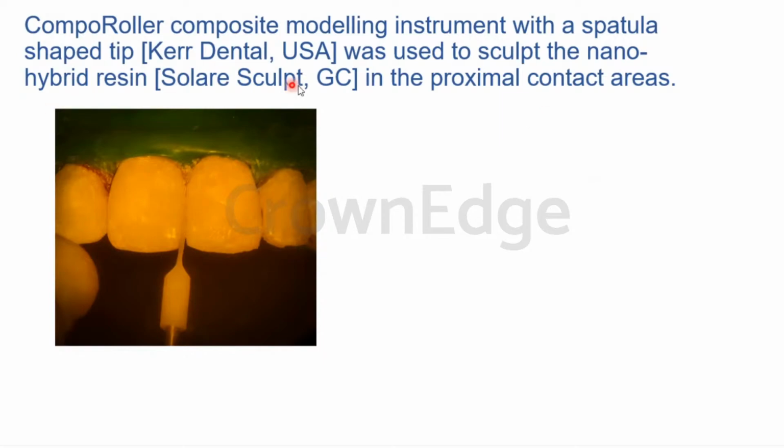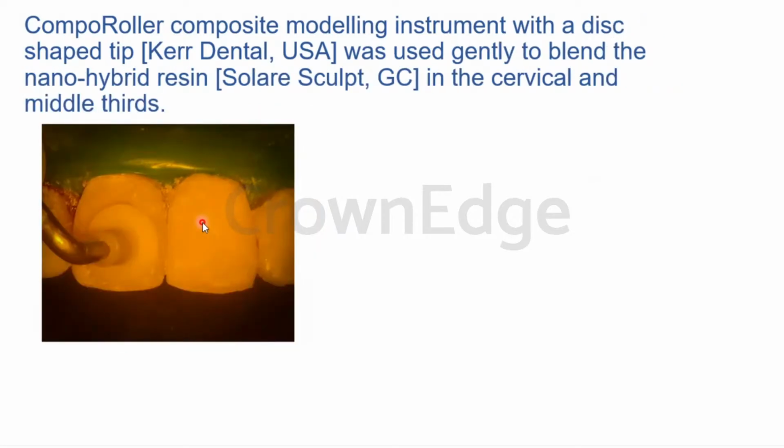So I use that in the proximal contact areas to get my line angles right. So you see that the tip is very thin, right? So you can just place it in the contact areas and lift it up towards the central incisor where you want to create the line angle. So what you get effectively is a small kind of line angle that can then be polished and finished using your Soflex discs, right?